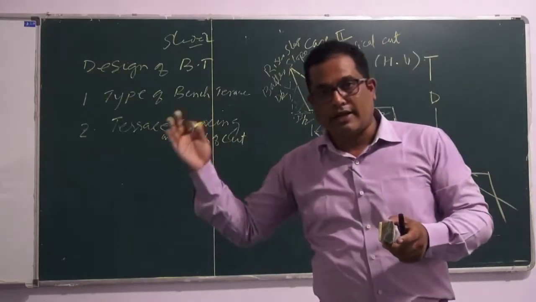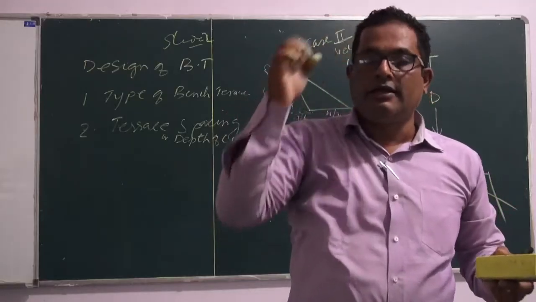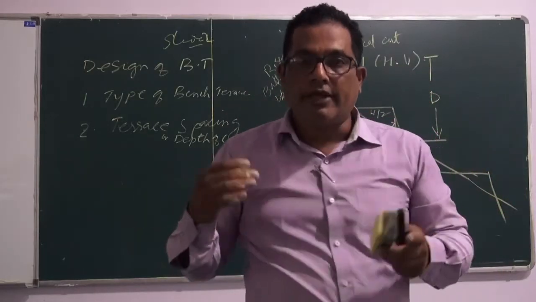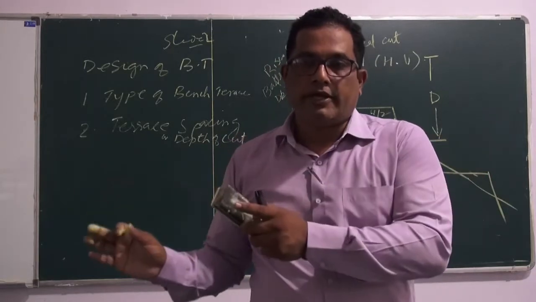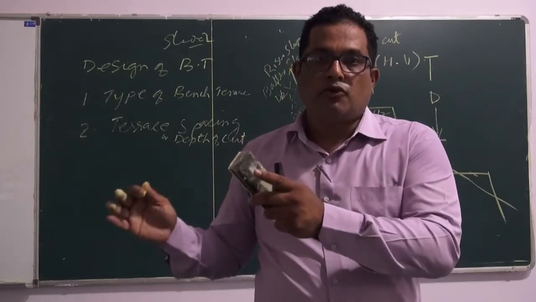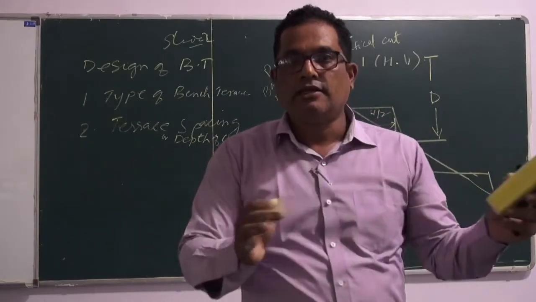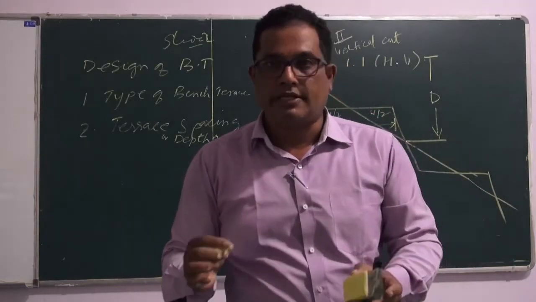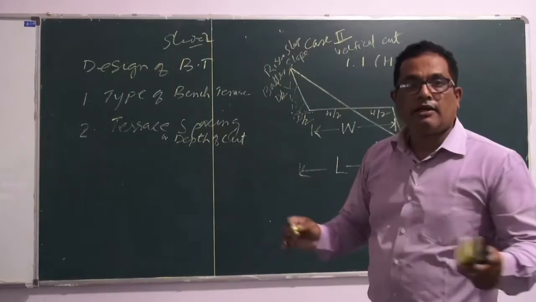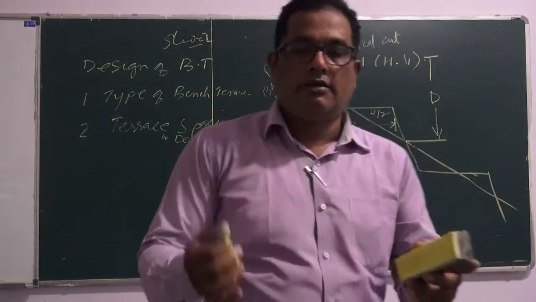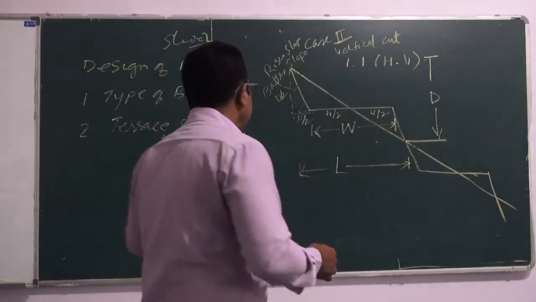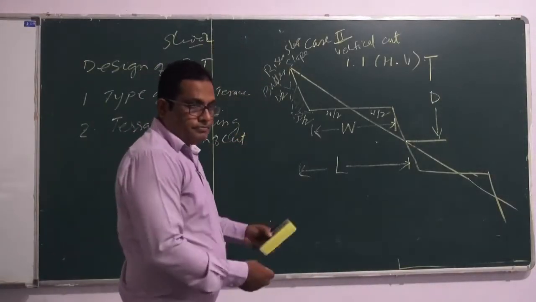Then again it is a loss. And if you have a vertical cut, the stability of the structure will be in question. So there always has to be a compromise between the area covered under bench terraces and the stability of the bench terraces. Even 1:2, wherever the soil type permits, a batter slope is also given.